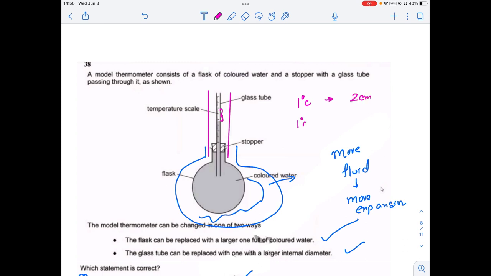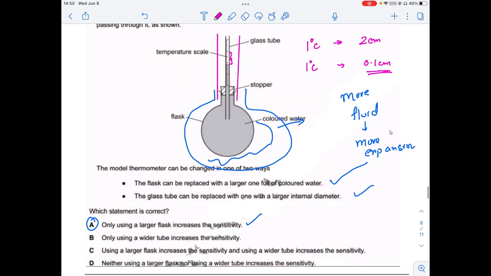Now, because of the wider tube, for 1 degree it may rise by just 0.1 centimeter. So it is very difficult to measure such small rises when compared to a thinner tube. So widening the tube will not increase the sensitivity. Therefore option B is going to be a wrong option.